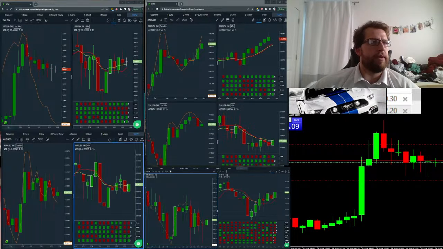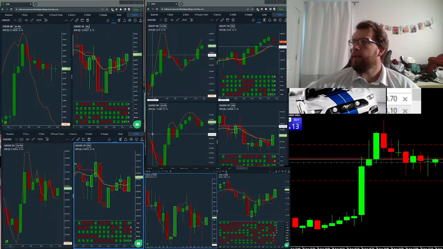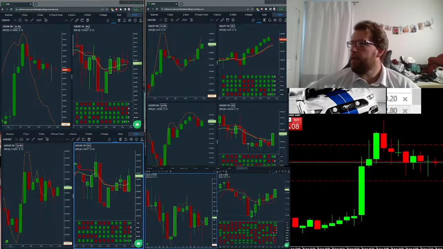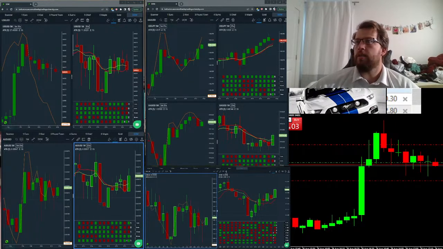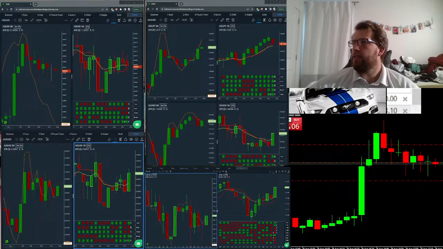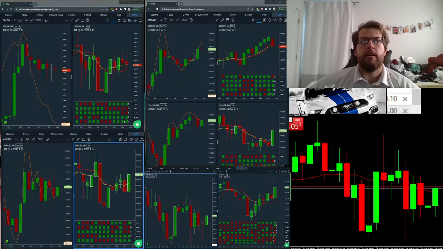A bit of a chance we actually get a buy signal on the Dow here. Oh, here we go. Gold looks like it's waking up. 0.9. That would be a pretty small trade. Keep an eye on that. Yeah, Dow's just being boring.